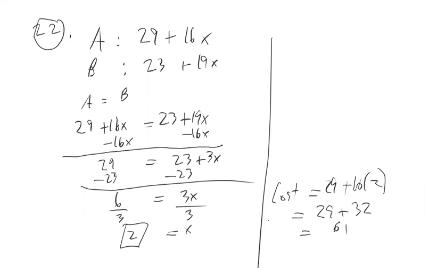So the cost of either one of them is going to be the same. It'll be $61 after 2 months. And of course, after more than 2 months, Club A is going to only cost $16 more, so it's going to cost less.